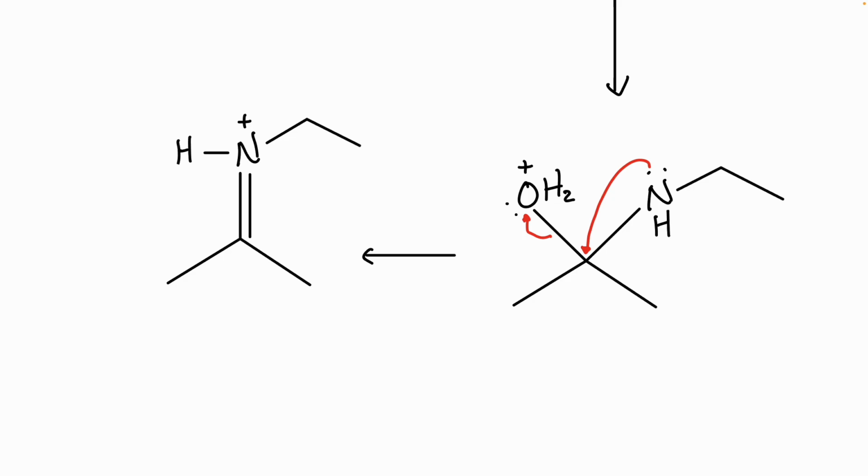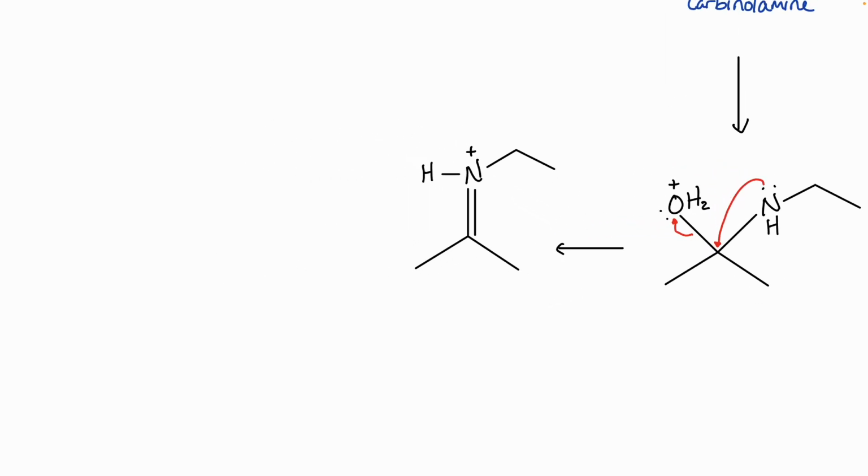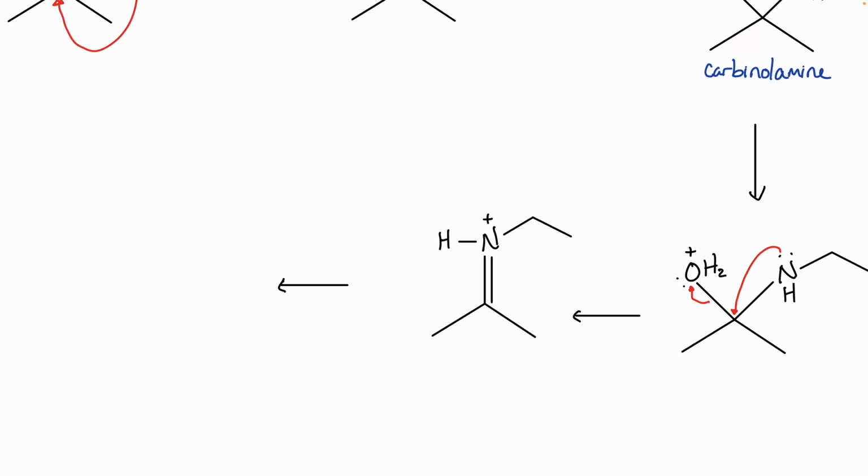All right, so now I have this carbon-nitrogen double bond, all right, because that pair of electrons was used to form a new bond here, that nitrogen has a positive charge. So we got one more step to go here to create our neutral product, and that is going to be to deprotonate our nitrogen, all right.